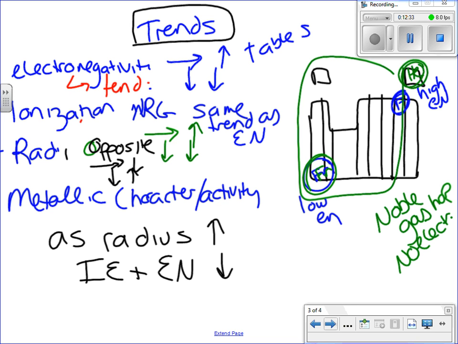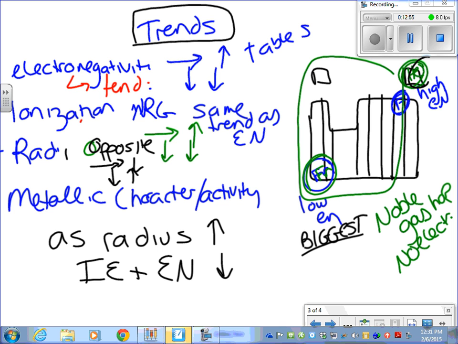Again, radius you can look up in Table S. So francium here is going to be your biggest. Okay? And over here, your smallest is going to be up here, like fluorine, helium. Okay? Helium is going to be, that's right, small.